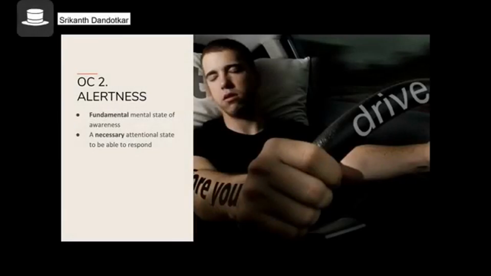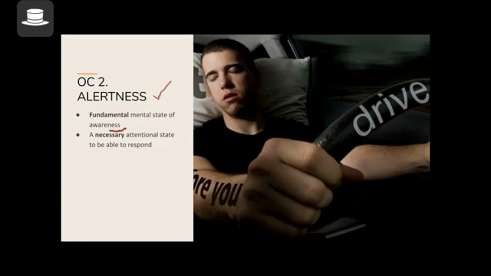So talking about the second outcome, which is one of the three meanings of attention system one: alertness or arousal. So keep in mind that this alertness or arousal is a basic, fundamental attentional state. It's a mental state of awareness. And if you're not aware, in other words, if you're not alert, then you cannot react to the changes in the environment.